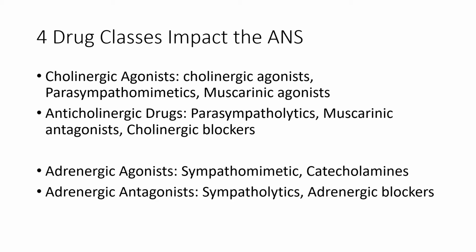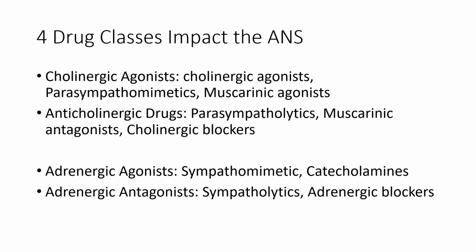Cholinergic agonist, parasympathomimetic. A mimetic is something that mimics something, or a muscarinic agonist. Remember, it's a muscarinic receptor that we spoke about. So it's a muscarinic agonist because you only get muscarinic receptors in the parasympathetic.